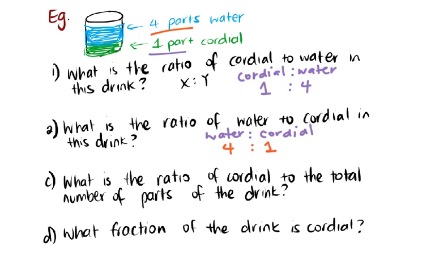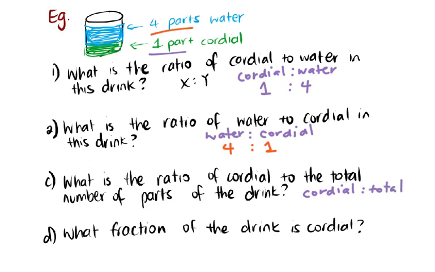So depending on which component you make x or y will change the order in which it is written, and it's really important to go by the order that is given in the question. Part C, what is the ratio of cordial to the total number of parts of the drink? So we want cordial to the total.